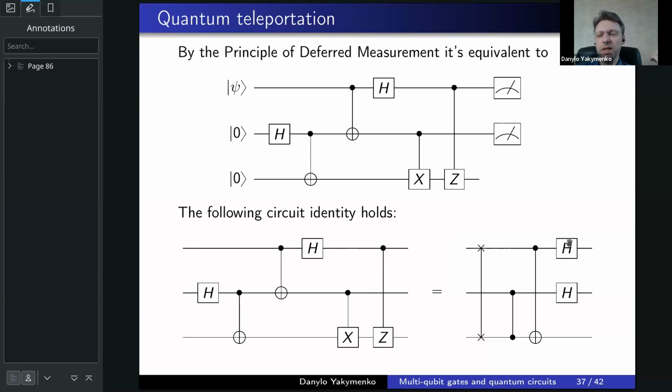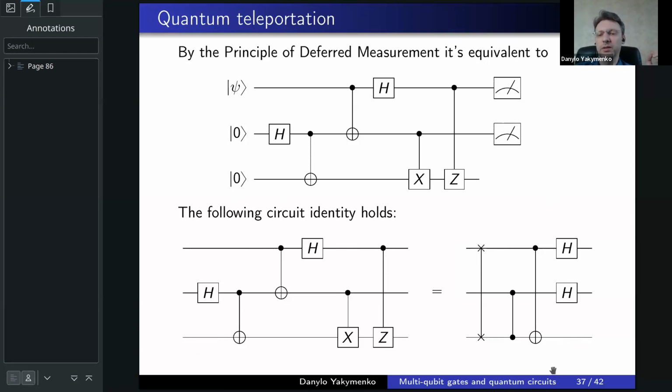And on the right, there is also some unitary gate that acts on 3 qubits. This is also a matrix of size 8 by 8. You can simply compute these matrices by the rules that I showed before. Those are actual matrices, and if you compute them, you can check that they are the same.